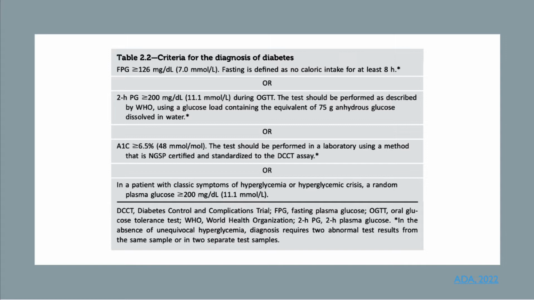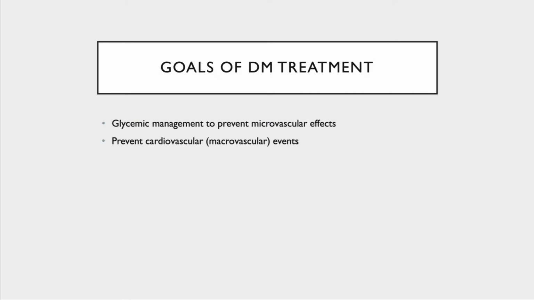Or if you have a hemoglobin A1C more than 6.5%, that is also diagnostic. And then in a patient with classic symptoms of hyperglycemia or hyperglycemic crisis, a random plasma glucose of over 200 is also diagnostic for diabetes. So what are the goals of diabetes treatment?